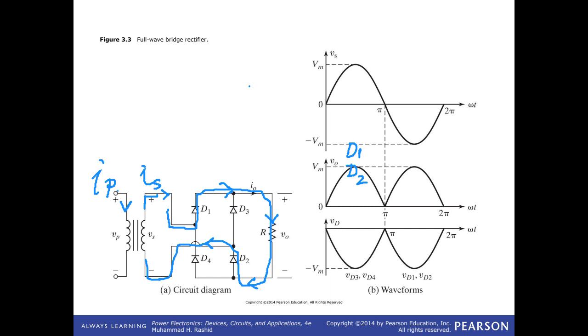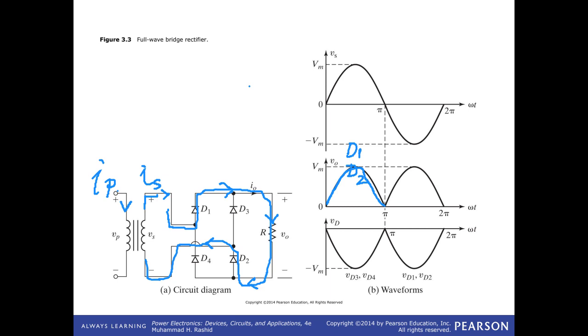However, between pi and 2 pi, supply voltage becomes negative. That means D3 is receiving positive anode cathode voltage and D4 is receiving positive anode cathode voltage. Since the potential of the cathode of D2 is negative, that means anode cathode voltage is positive.